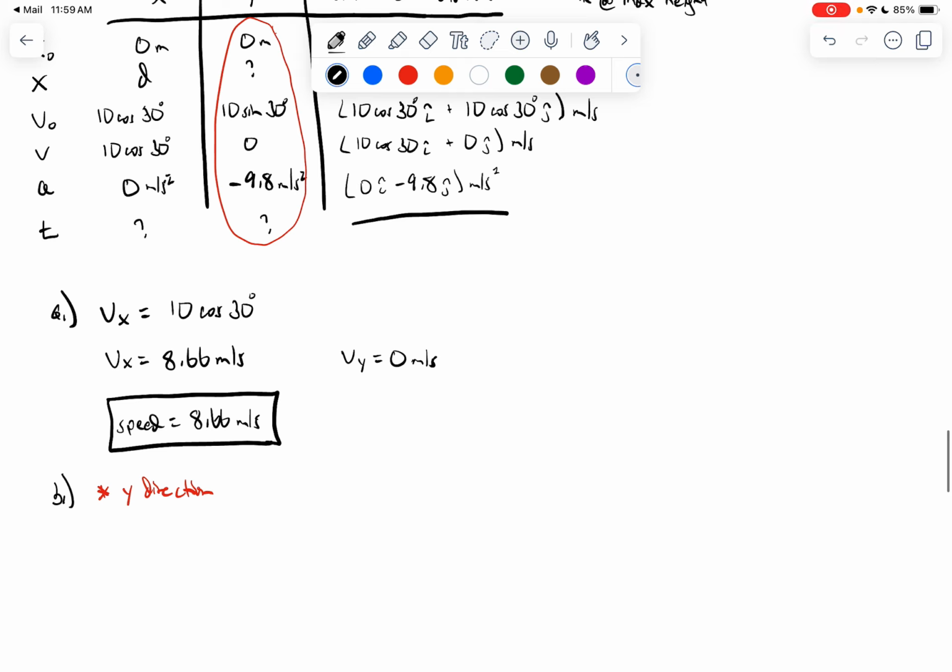So we can use our kinematic equation that our final velocity is equal to our initial velocity added to our acceleration multiplied by time. So our final velocity in the y direction we're given is going to be 0. Our initial velocity we had as 10 sine 30 degrees.